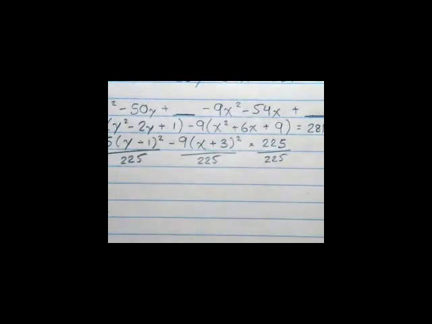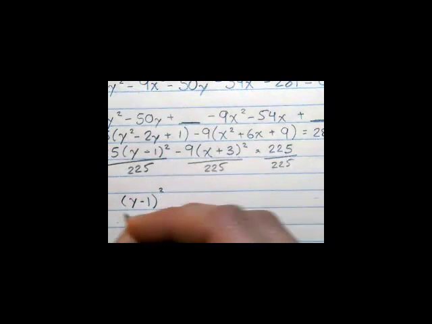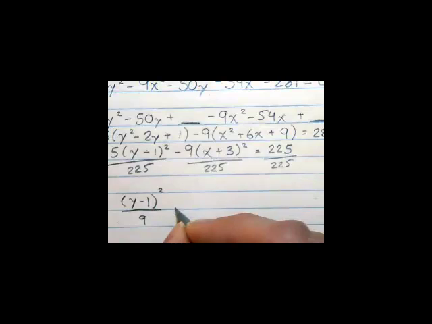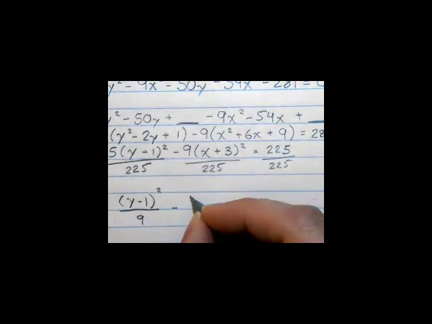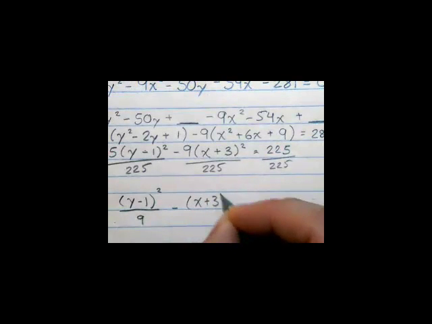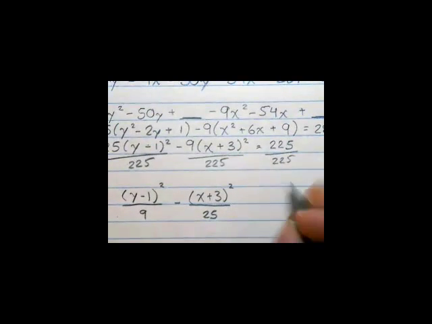How many times does 25 go into 225? 9. Then how many times does 9 go into 225? 25. And that equals 1. So there you go.